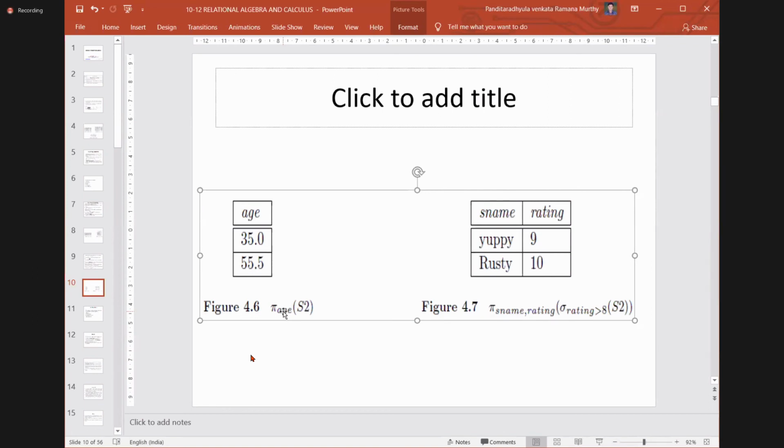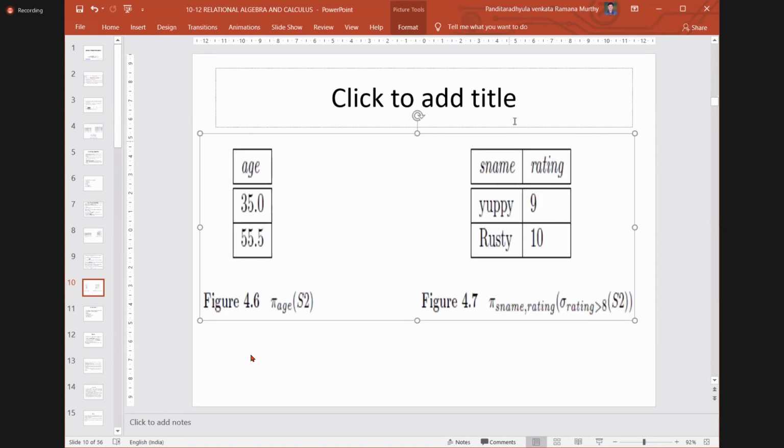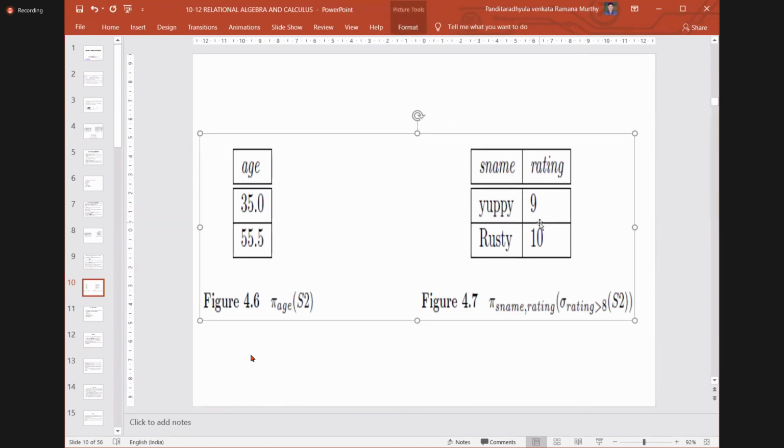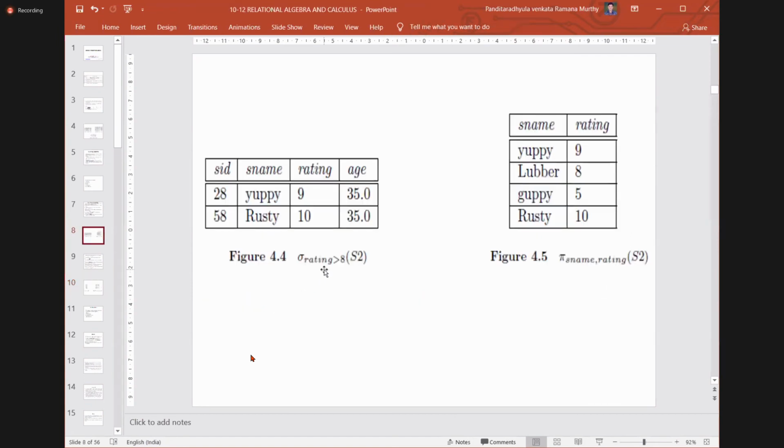We can combine the select operator and the project operator together, as in figure 4.7. We are going to represent the same thing. First of all, I want to know the rows where the rating is greater than 8. We get those rows using the previous query.